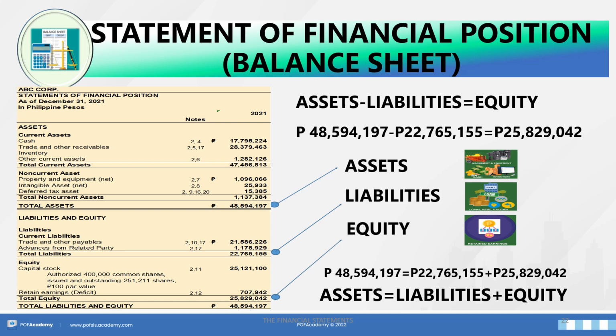On our liabilities, accounts such as trade and other payables and advances from related party. And on our equity, accounts such as capital stock and retained earnings.